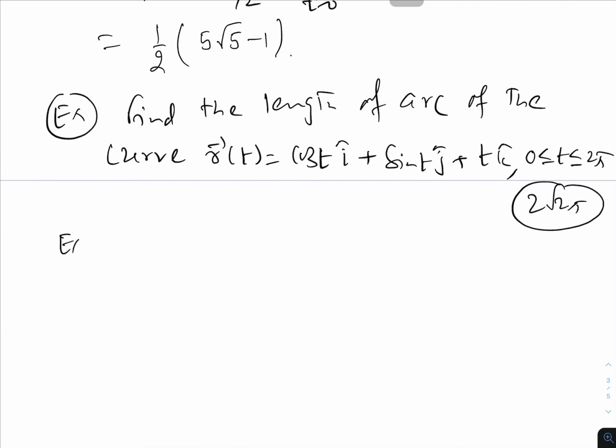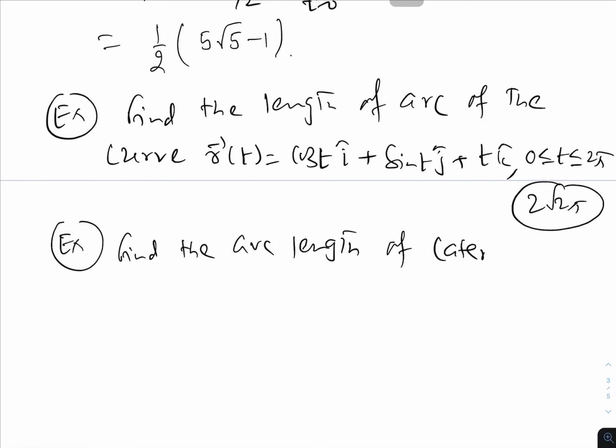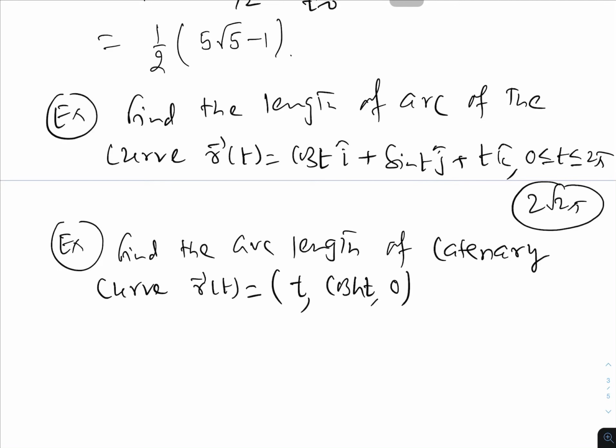One more example you can have. Find the arc length of, this is called the catenary curve, say r(t) as t i plus cosine hyperbolic t j and 0 k, from t equal to 0 to t equal to 1.